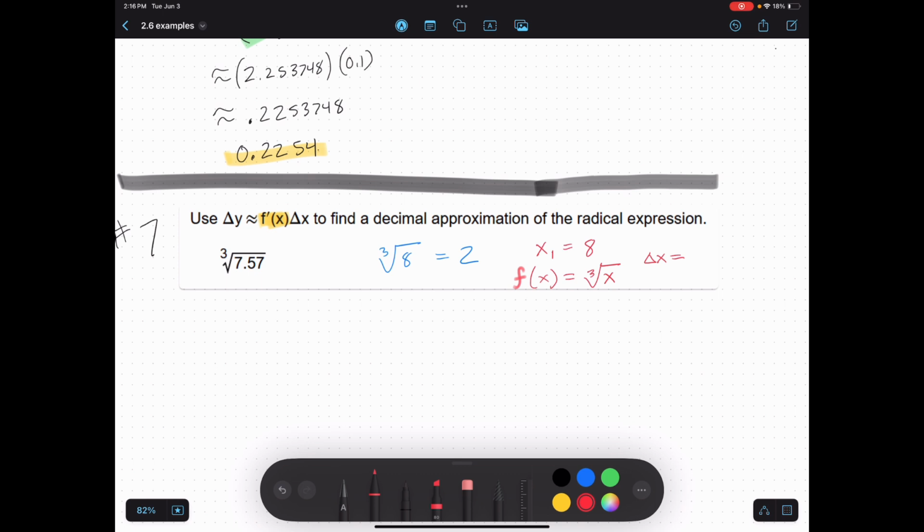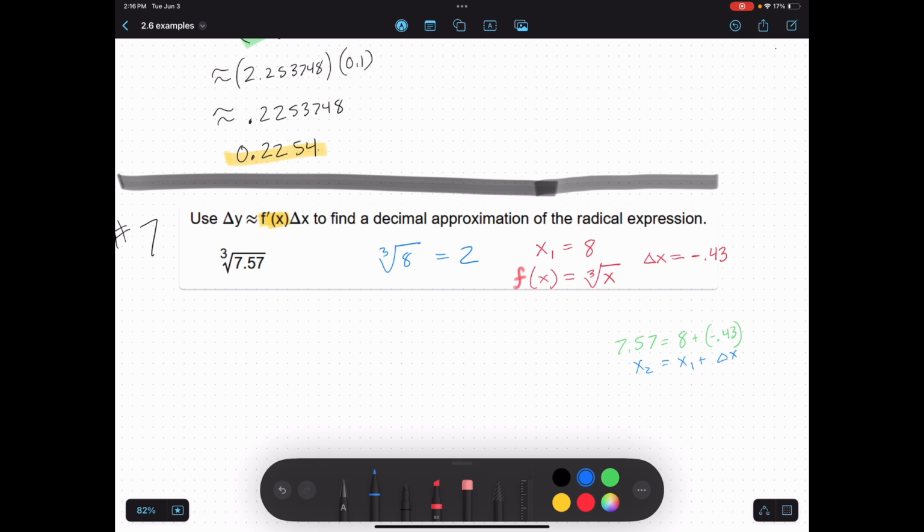Well, if 8 is my starting point, that means I'm going backwards 0.43. And if you want to check this, just realize that 7.57 is equal to 8 plus negative 0.43, and you get 7.57. So here's your x2, here's your x1, and there's your delta x, from what we just saw in the previous example.